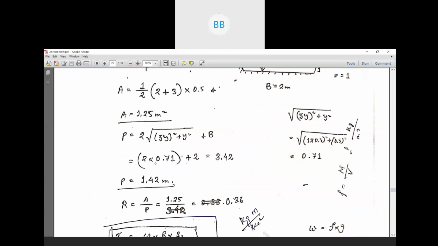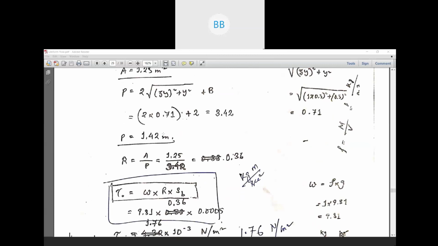Once you find out area and weighted perimeter, you find out the R value.